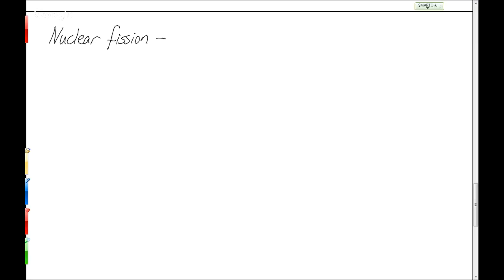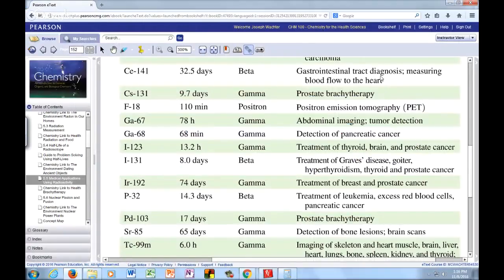Nuclear fission is what we most associate with talking about nuclear things, and that is what we call splitting the atom. I'm going to pull up a picture from the book for this.